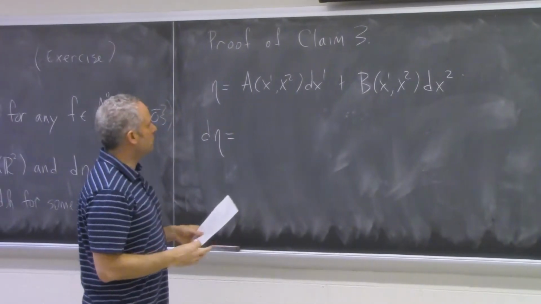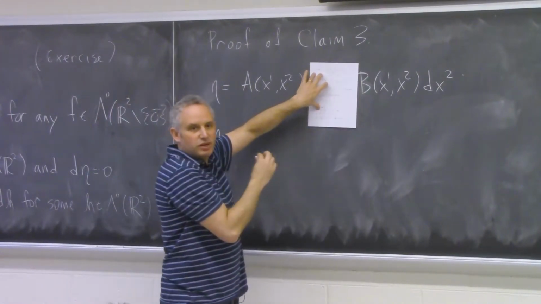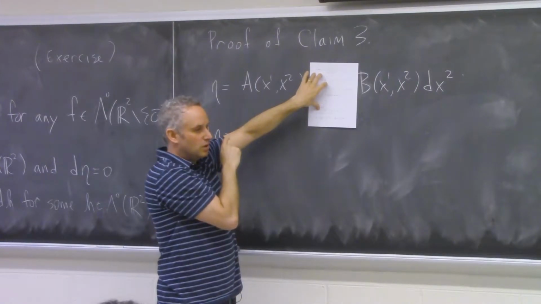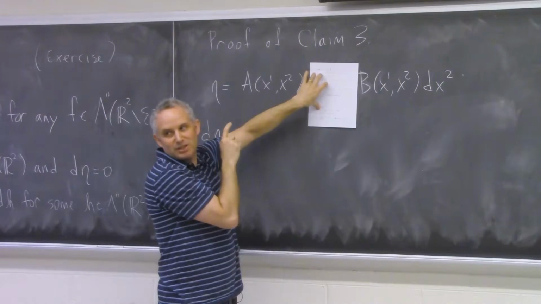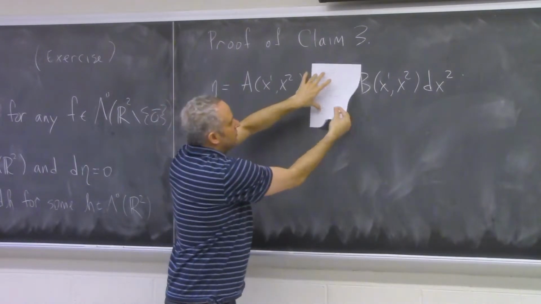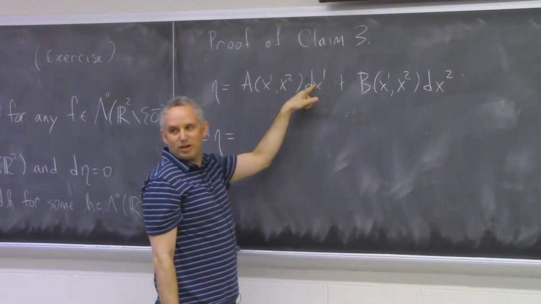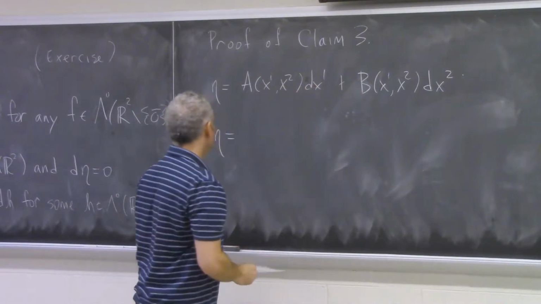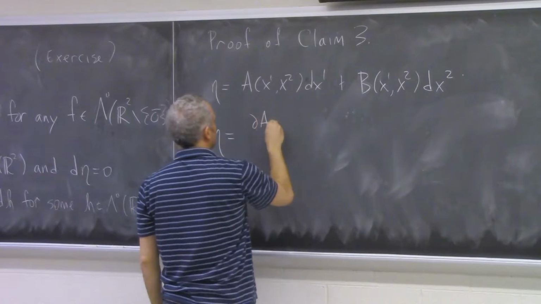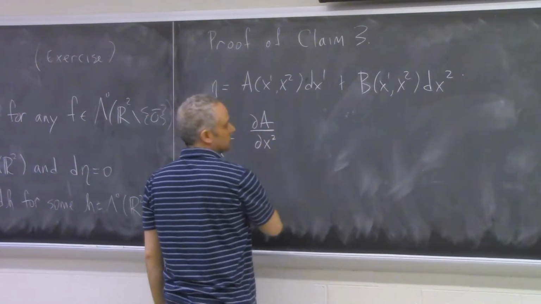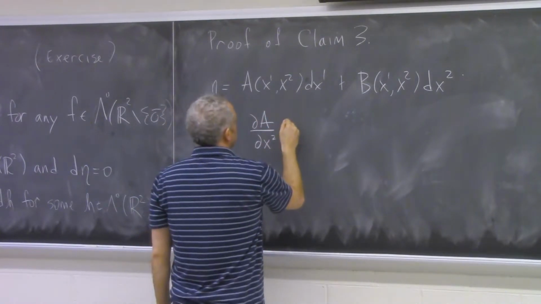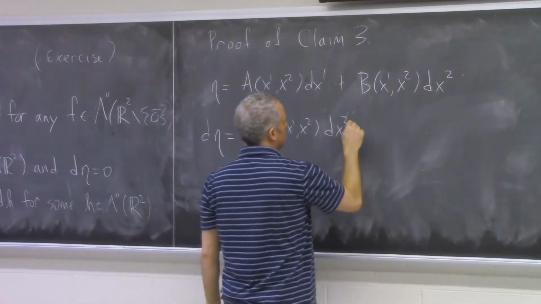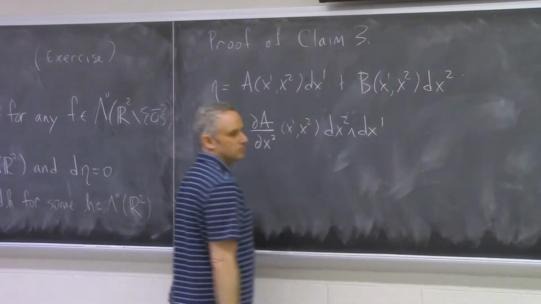All right, so how do we do that? We take d of this function. It will have 2 terms: the partial derivative of a with respect to x1 dx1 plus the partial derivative of a with respect to x2 dx2. The first term, when we wedge product with dx1, will vanish. So only 1 term will survive, and we get the partial derivative of a with respect to x2, evaluated at x1, x2, and then dx2 wedge dx1.